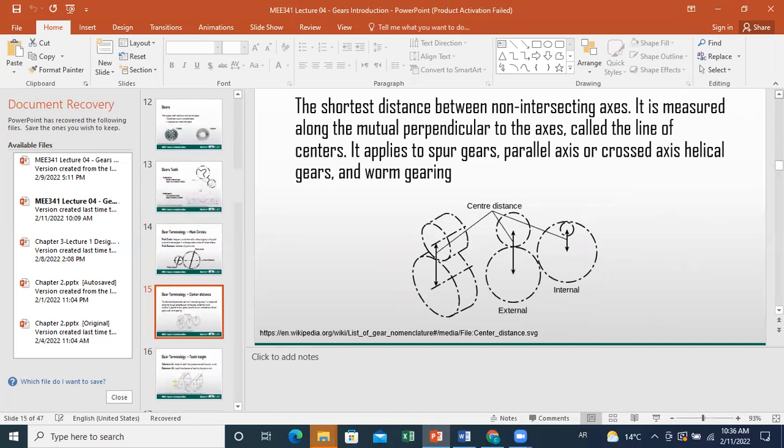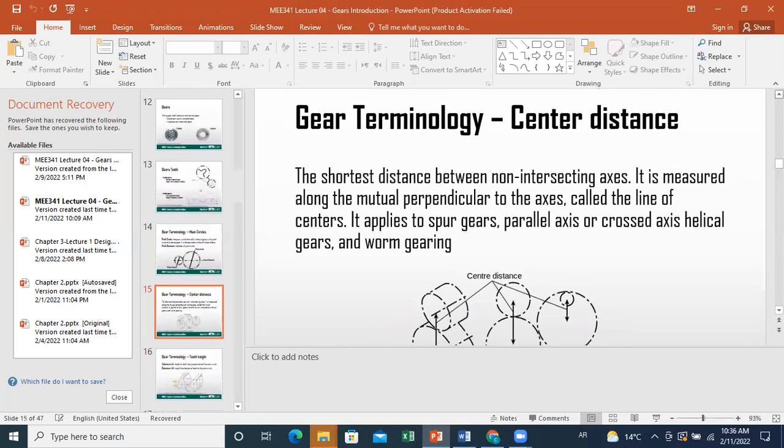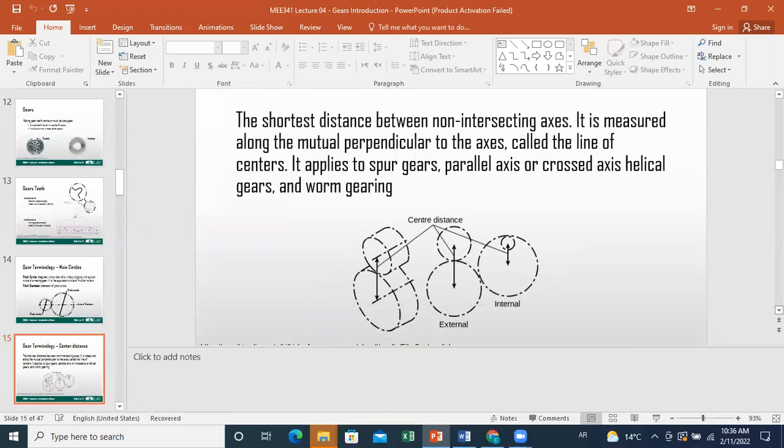Now, another important concept is what we call center distance. The center distance is defined as the shortest distance between non-intersecting axes. You have gears, and each gear is characterized by an axis.